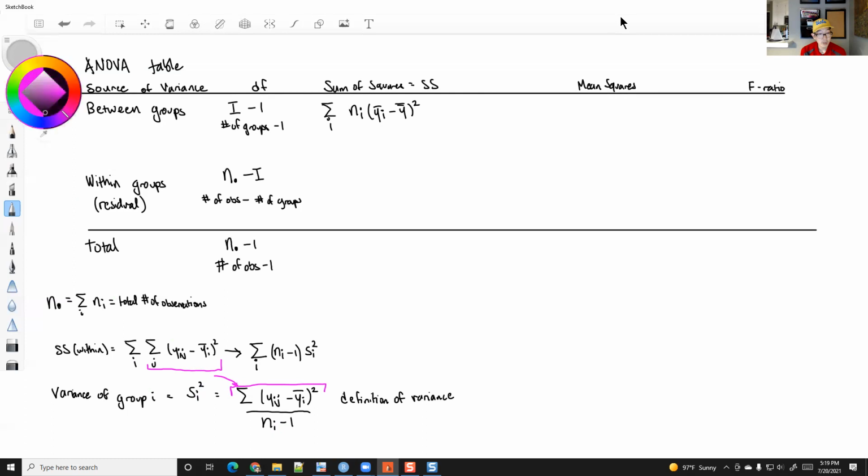So with just a little bit of algebraic manipulation, we can say n sub i minus 1 times s sub i squared is equal to the sum of Y sub ij minus Y bar sub i quantity squared, right? And so we're going to plug this thing into here. This ends up being a simplified version of this, and this does not require the raw values. We can just use summary values.